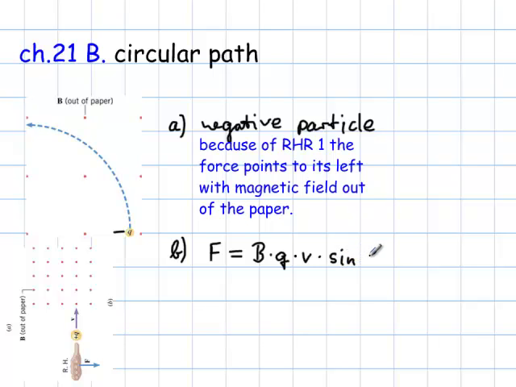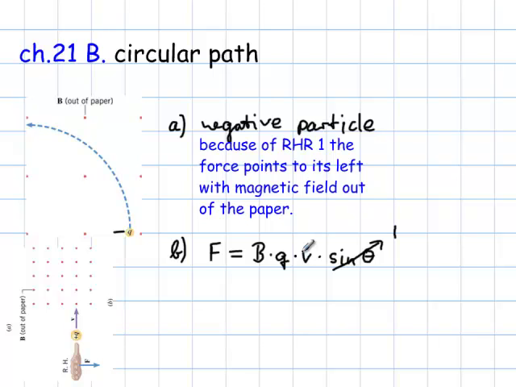And we can see that the angle between the initial motion and the magnetic field, so the initial motion is going up and the magnetic field is coming out of the paper, and so that's a 90-degree angle. So the sine of theta actually comes out to exactly 1. Sine of 90 degrees is 1. Okay, and then this one is given in the problem.